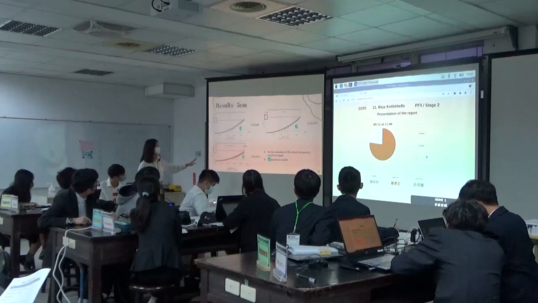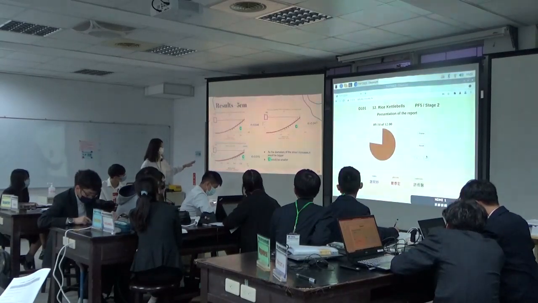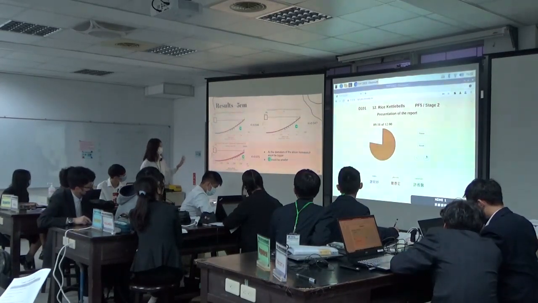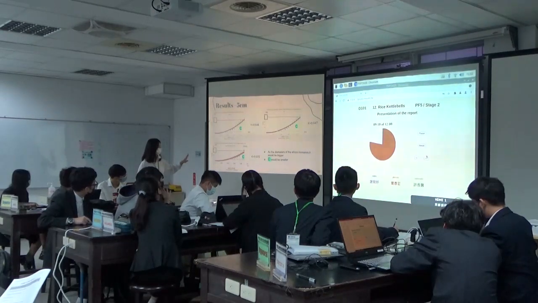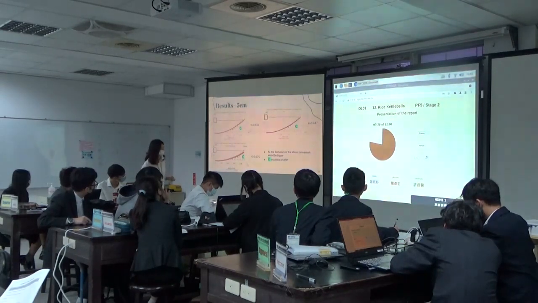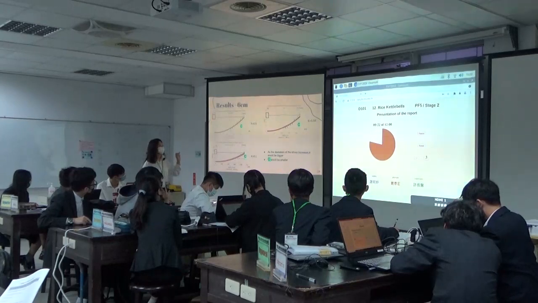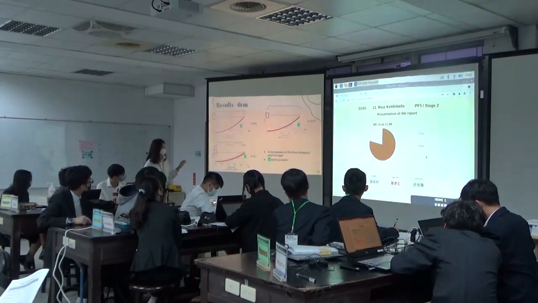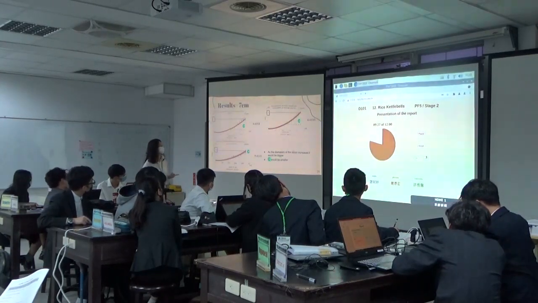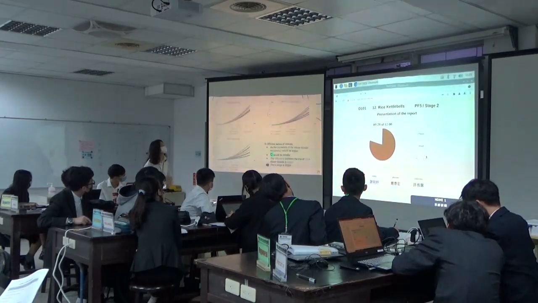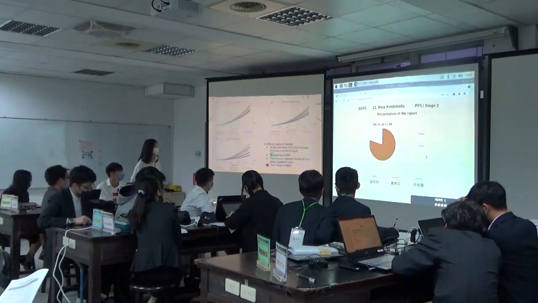As we can see, for our experiments, the experimental value and the theoretical value fit very well. And this is for vessel diameters of 6 and 7. And here's the result.